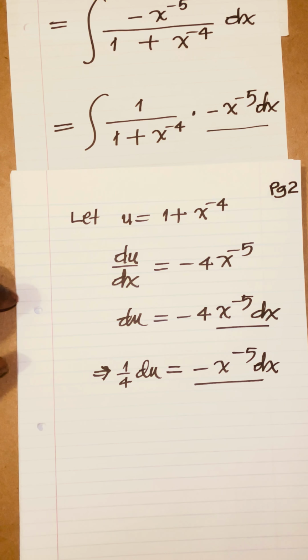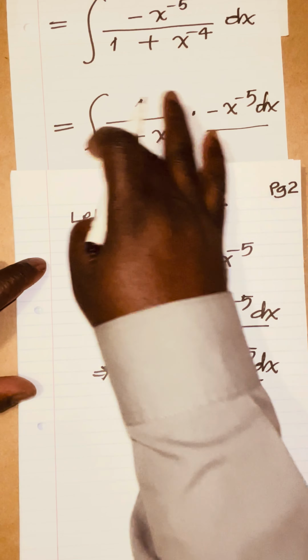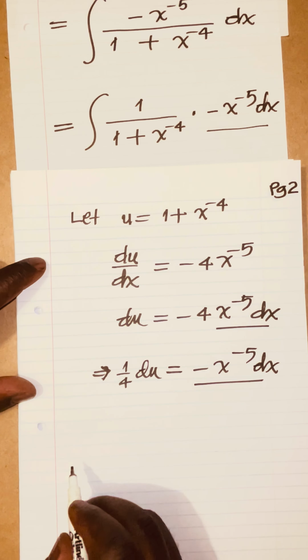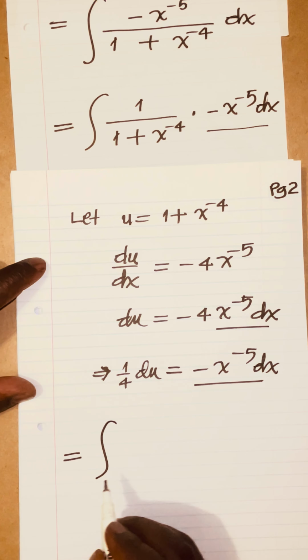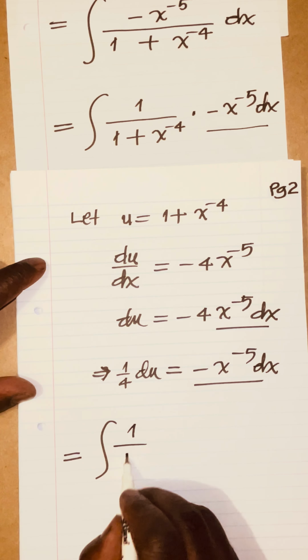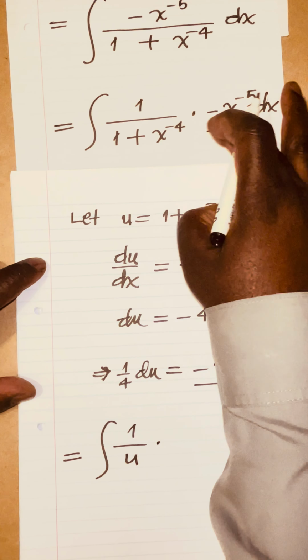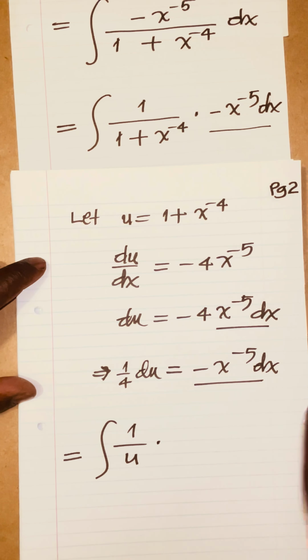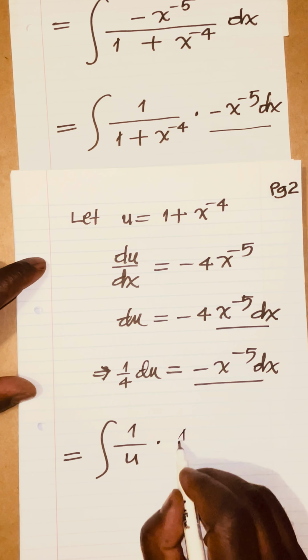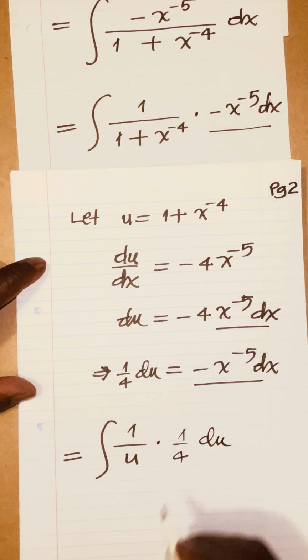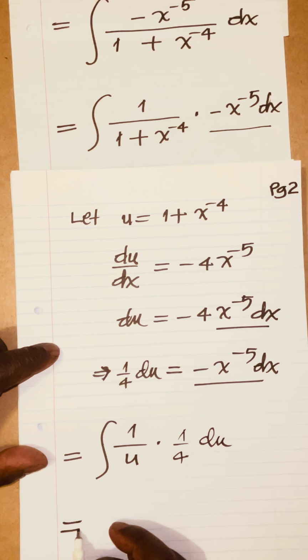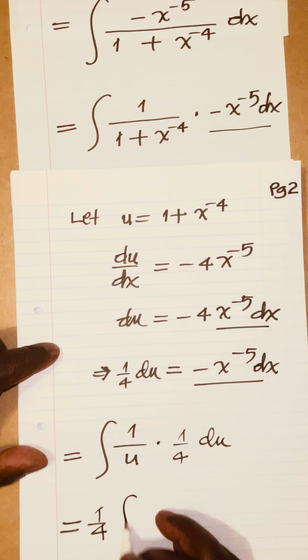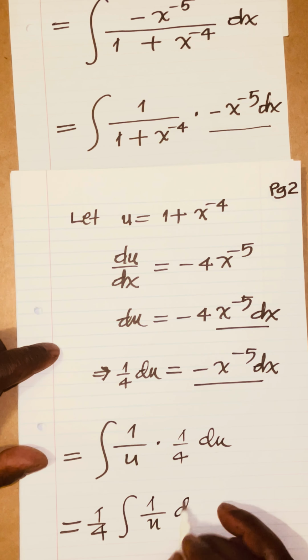Well, that integral then is transformed. This integral, as you see here, is transformed as follows. We have the integral of 1 over u times, instead of minus x to the power -5 dx, we're going to replace that with 1/4 of du. Now take a quarter out because it's a constant, we have 1/4 times the integral of 1 over u du.